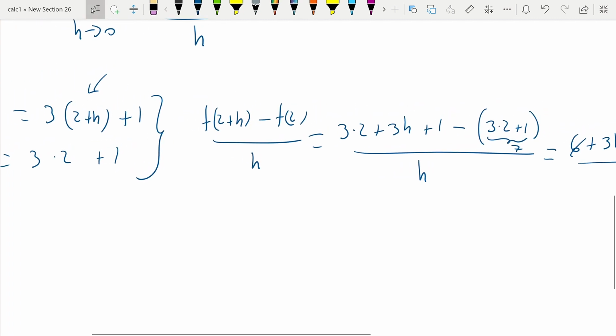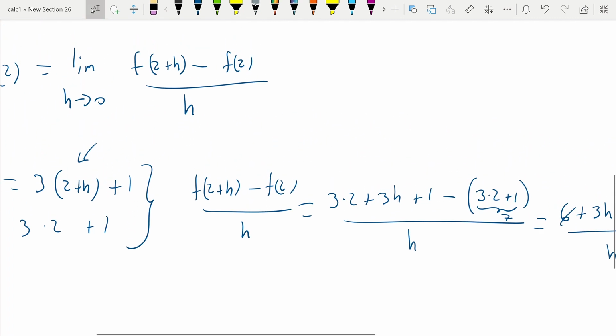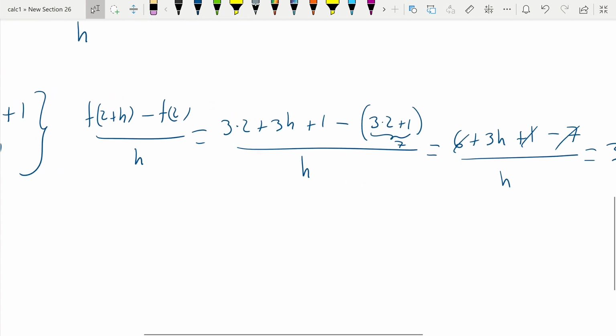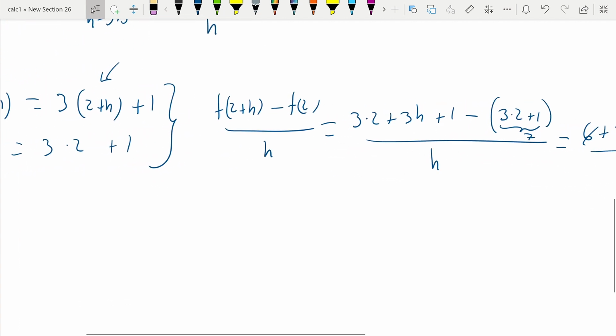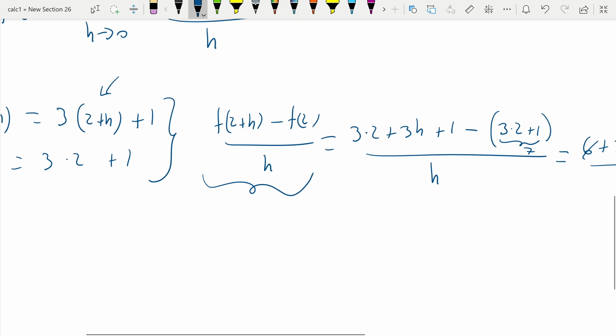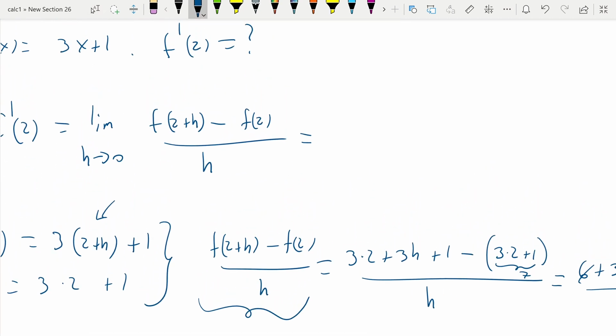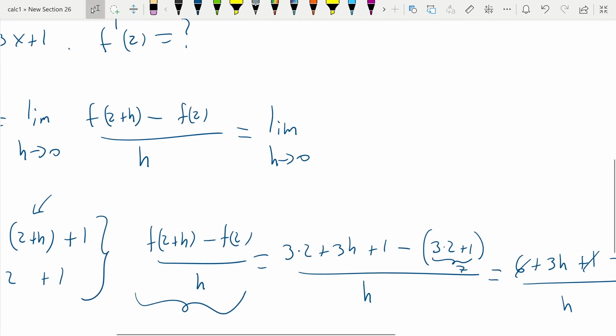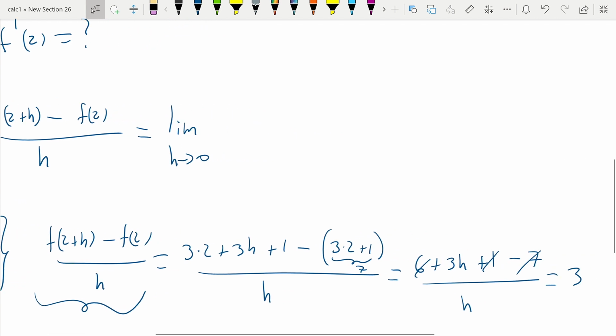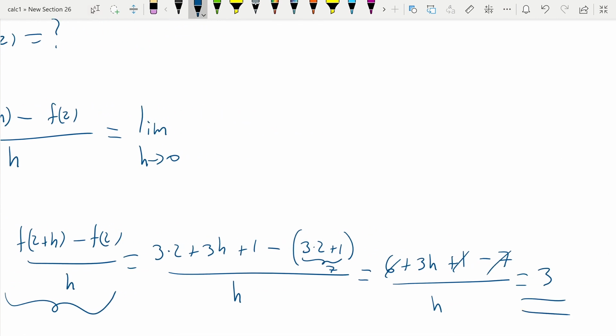Since we're taking the limit when h approaches 0, h is not equal to 0, so we're allowed to do that. So this is the quotient, f of 2 plus h minus f of 2 divided by h, which is the expression we want to take the limit of. So we have the limit when h approaches 0 of what? Of just 3, which is what we ended up with over here.